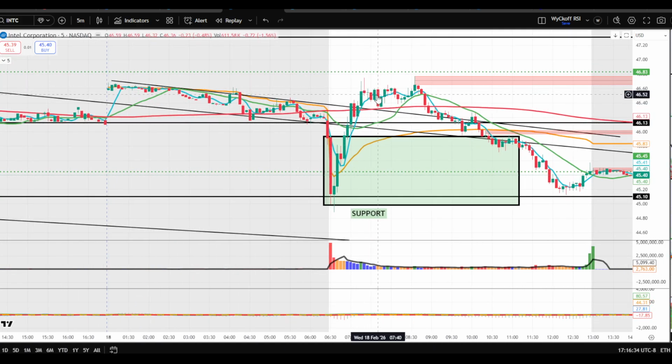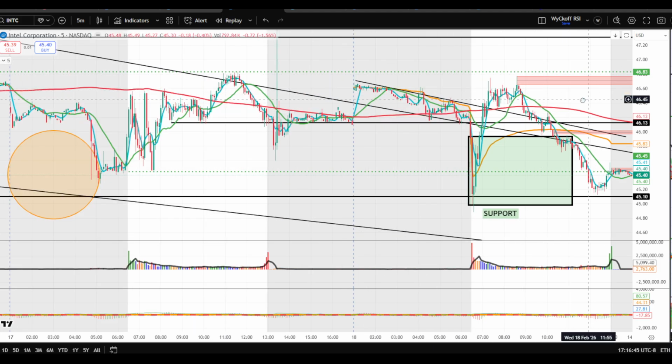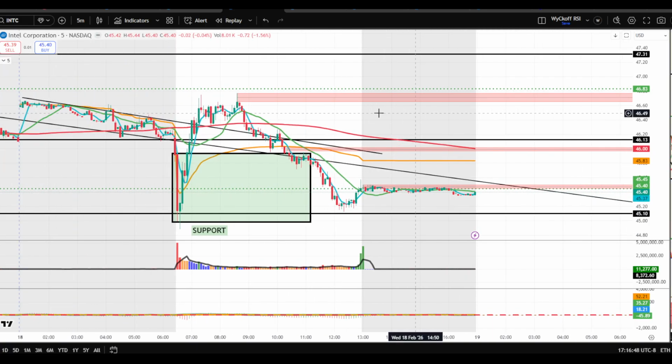It did break out and hold retest, but it couldn't break out any higher because there's another resistance here, which was the previous day's high, and it was just unable to break through the previous day's high, and so it got rejected, broke through the 200, got back into this downward channel, and it was below that channel and went way back to where it was in the beginning of the day.